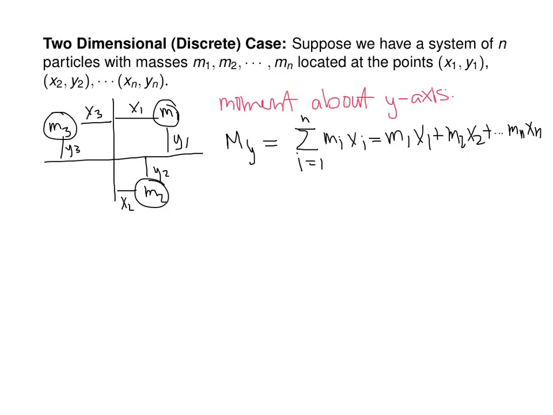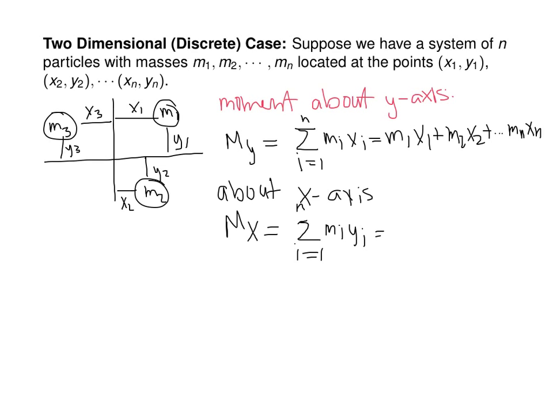And the moment about the x-axis will be given by Mx, which is equal to a sum from i equals 1 to n of mi times the y-coordinates. So that's m1y1 up to mnyn.